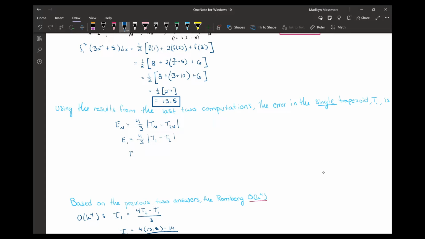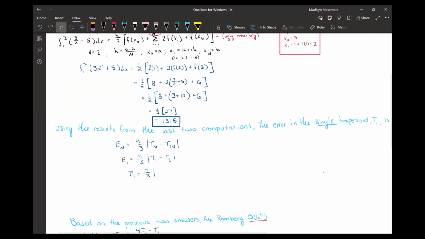So E1 is 4/3 times the absolute value of 14 minus 13.5, times 0.5, which is 4/6, which is 2/3, which is 0.66.